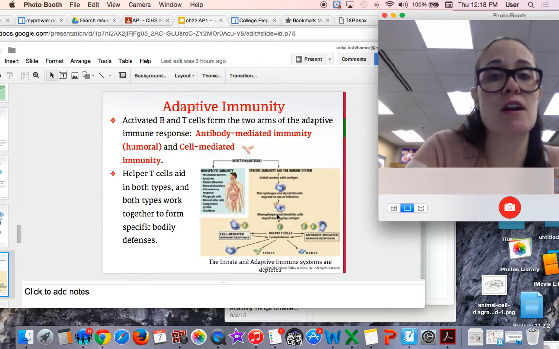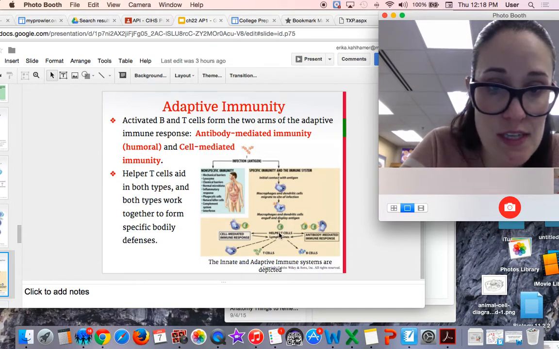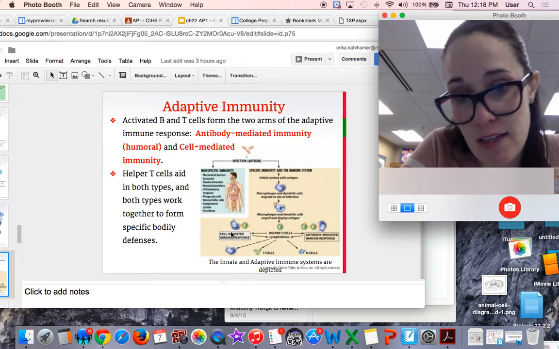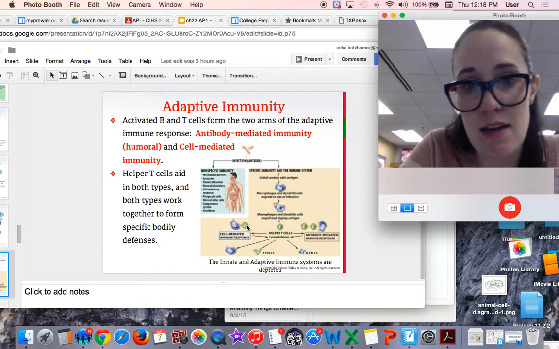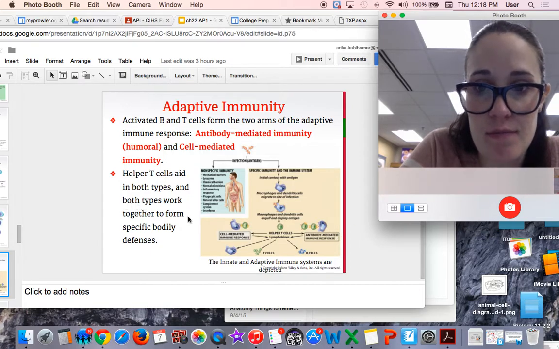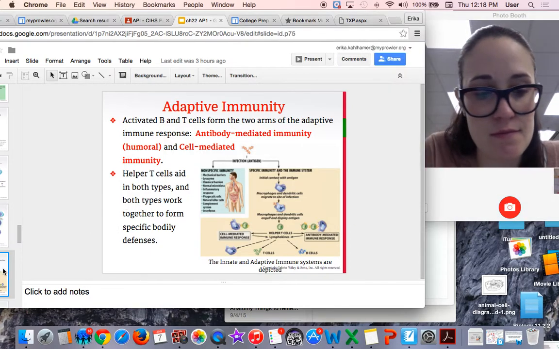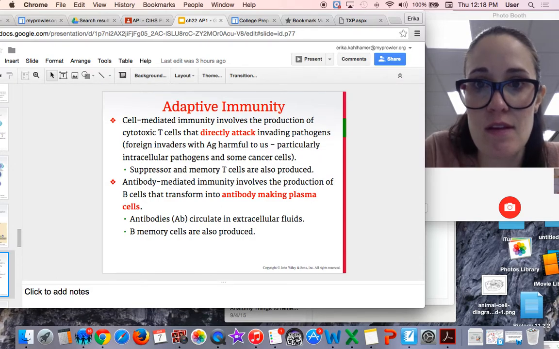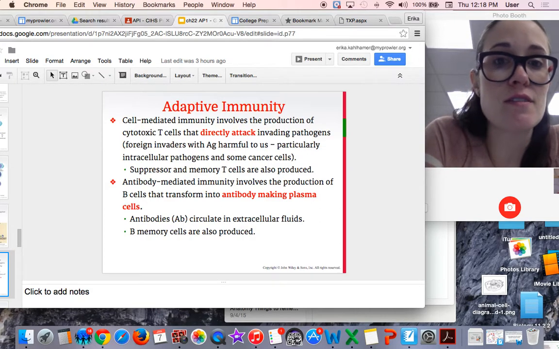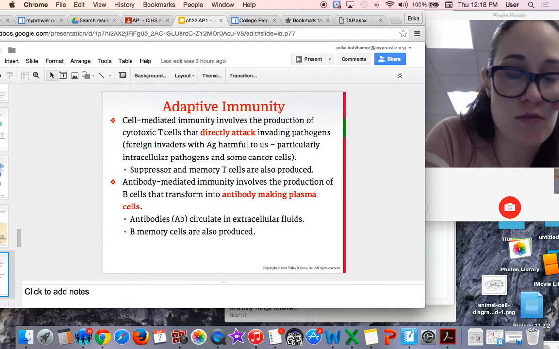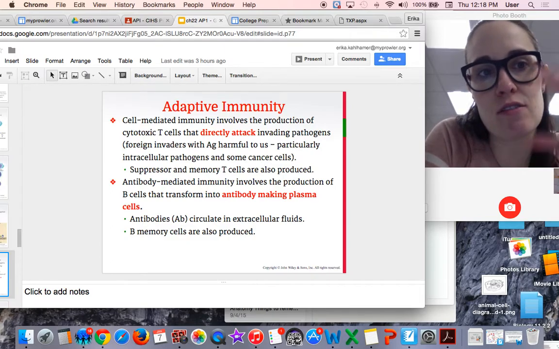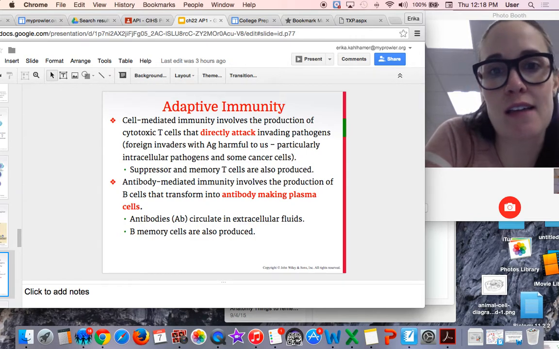This image here shows how helper T cells are in the middle and they can activate either this response or this response, cell-mediated or antibody-mediated. Cell-mediated, think of cells directly doing the attacking in the immune response. So essentially the immune cells themselves are doing the direct attacking.